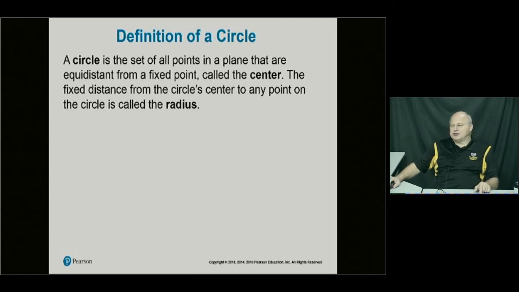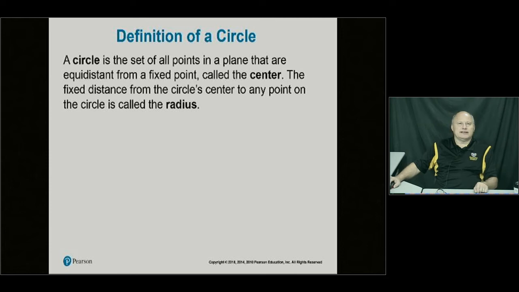Now notice that they use the words "in a plane." And that sometimes goes unobserved by students. They see it's a set of points around a fixed point, but they kind of fluff off or don't pay much attention to the words "in a plane," and that's important. Because if those 3 words are not in this definition, you'd be defining a sphere.